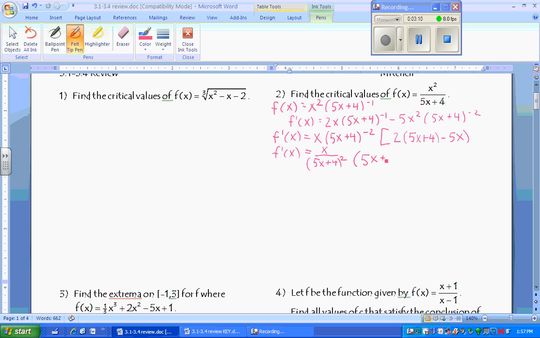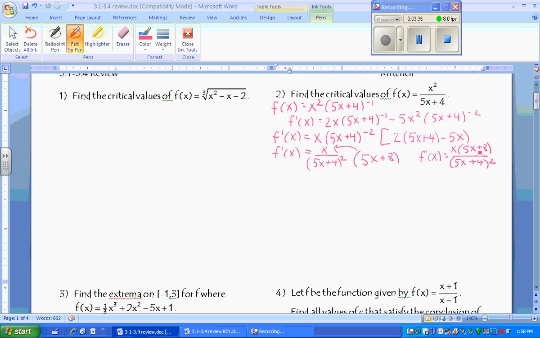And then you just keep the 8. That goes up here too, so you combine, and you get x times 5x plus 8 over 5x plus 4 squared.